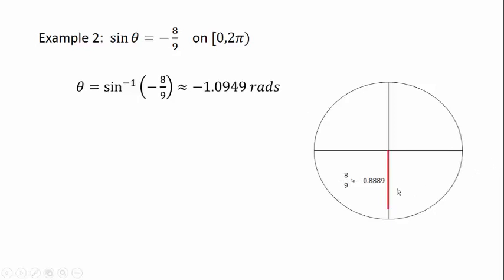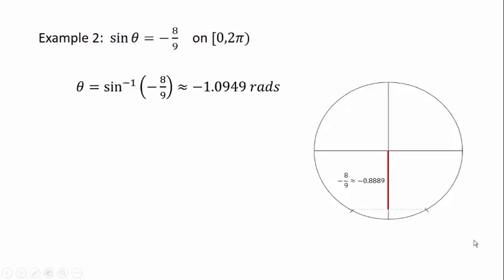So just like I did before, I'm considering a vertical distance because I'm talking about sine, and I approximated the negative 8/9 to be negative 0.8889. So that represents this vertical distance in red. So there are two places on the unit circle that will be represented by that vertical distance.